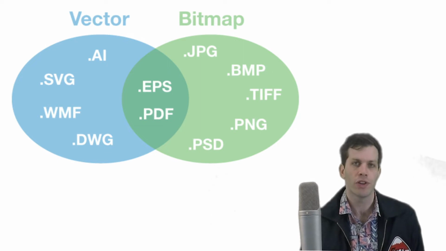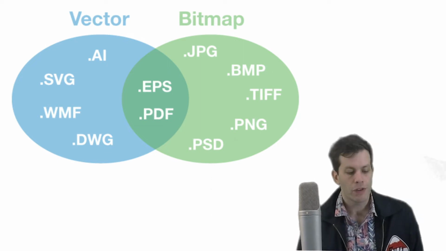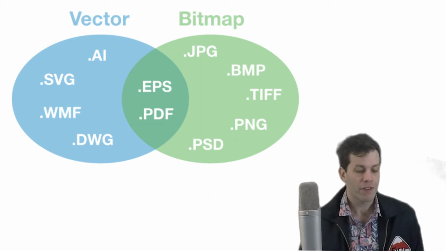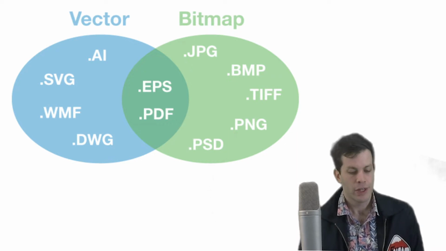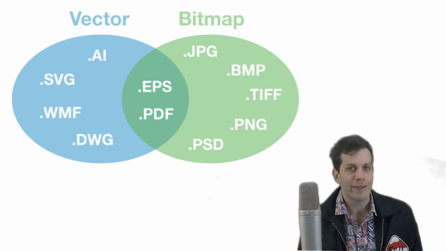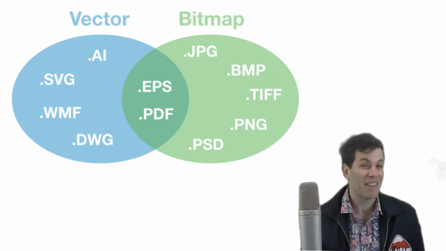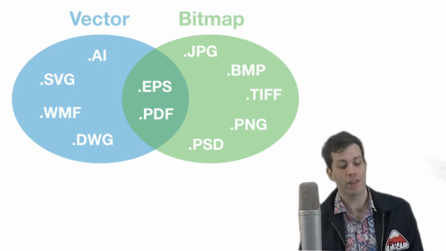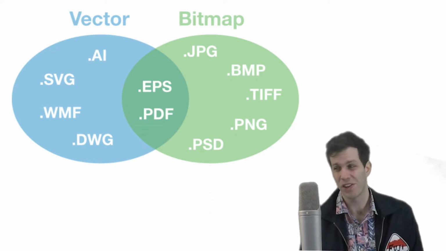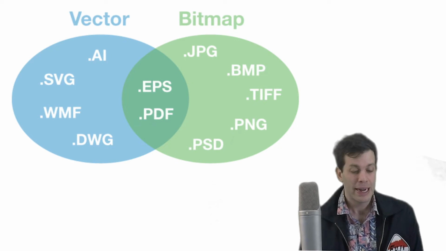PNGs are an open source version of that. You've got a TIFF, you've got a PSD file, and then a BMP. So you can convert between them pretty easily. All you need to do is open the file and hit save as. So if you open up any of these files in Photoshop, save it as a different version and then output it, it'll work pretty well.